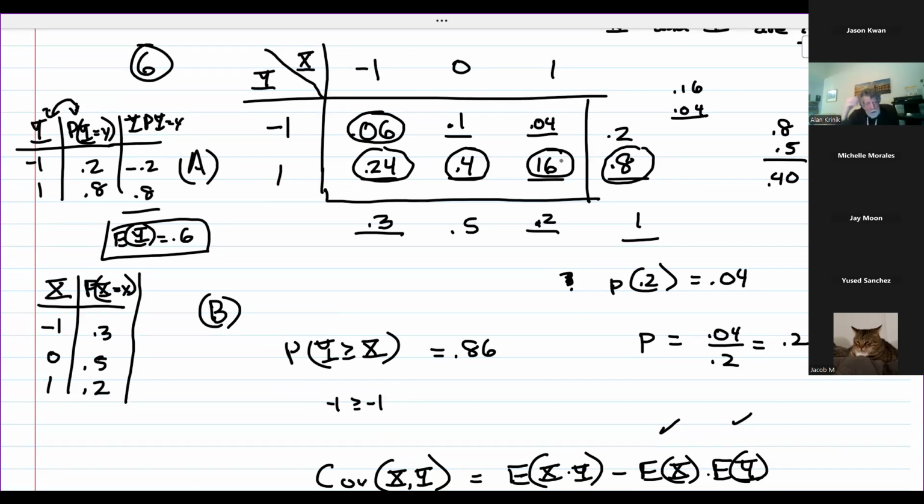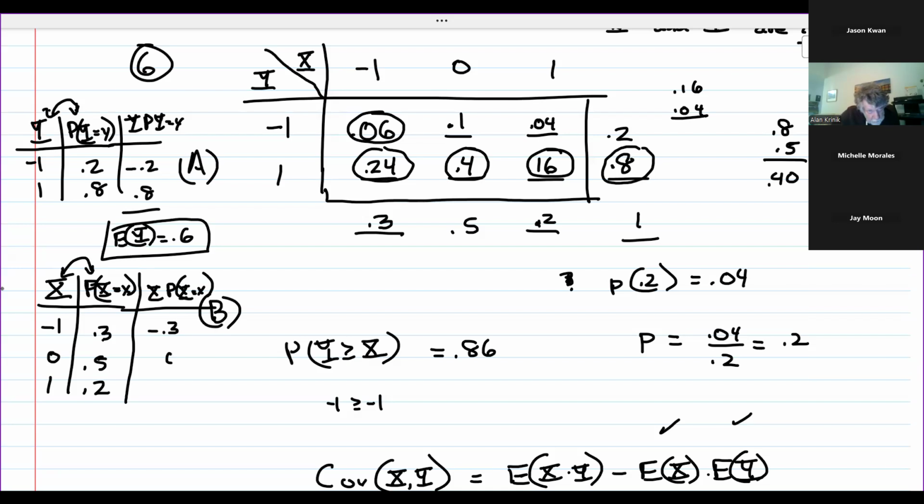Okay. How do you find the weighted average? Multiply the value of the variable times the probability it occurs. So it's X times the probability that X is little x, which in this case is -1 times this, which is -0.3. 0 times this is 0. 1 times this is 0.2. Add it up. The expected value of X is what? -0.1.